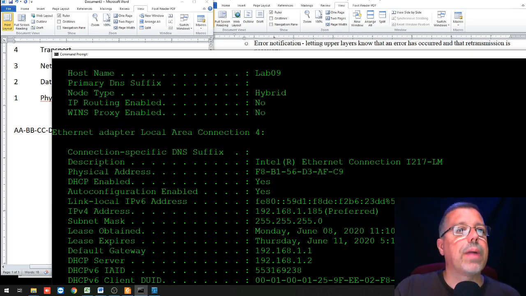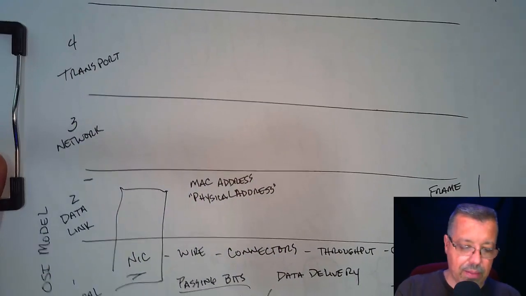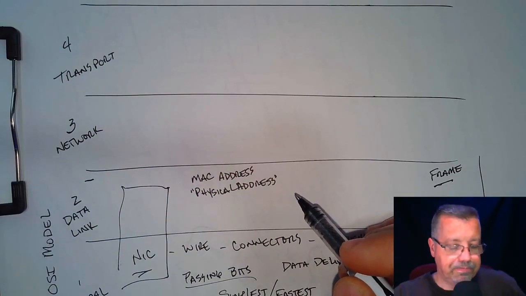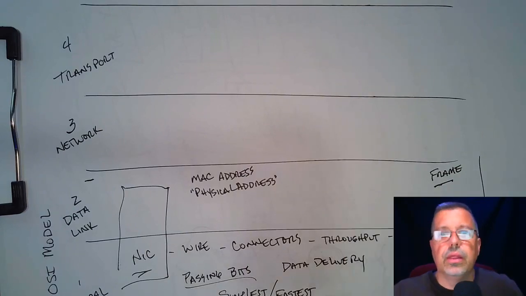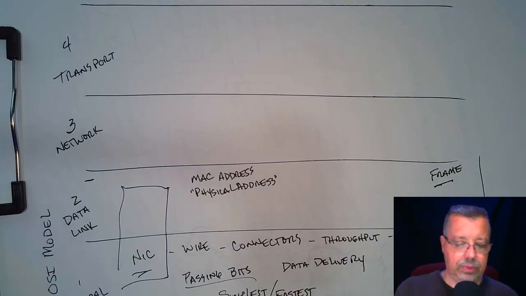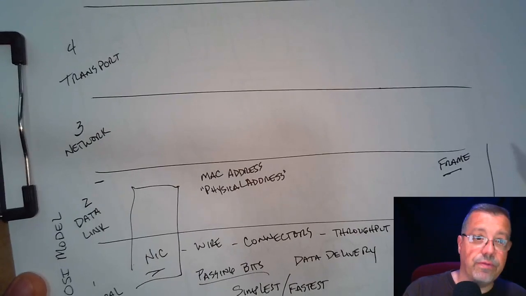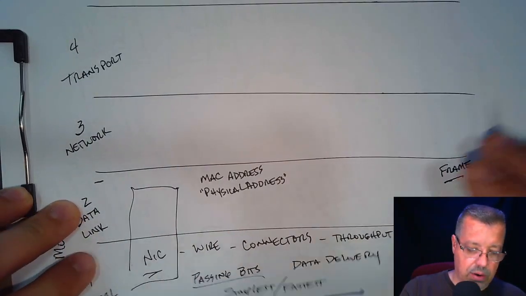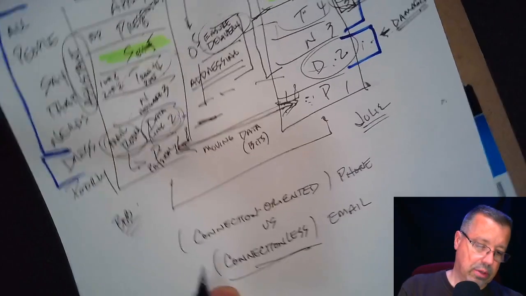Okay, let's go back to this. We had the MAC address to the physical address. Let's see, what else do we have from before? Let's go back to here. We had data link. Oh, that was the mail room.